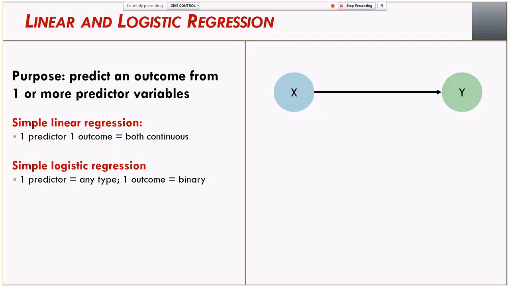On the other hand, when you're doing logistic regression, the variable that you are trying to predict, your outcome variable, is binary. It's yes or no. So for example, say you're trying to predict hospital discharge. So were they discharged on time?